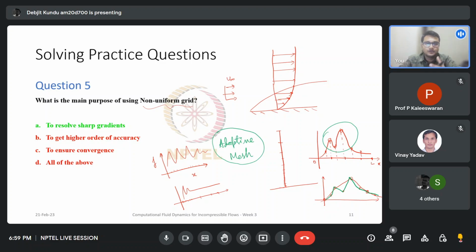Please don't hesitate. If you have any experience with using adaptive mesh, or you saw it anywhere else, we can have a discussion on it. What are adaptive meshes? Any idea?